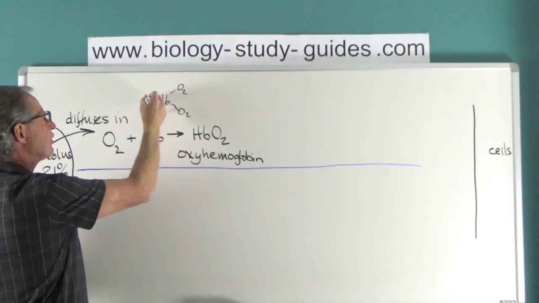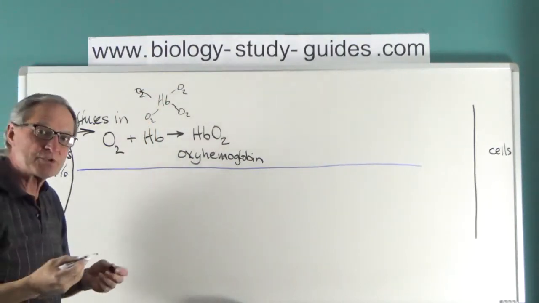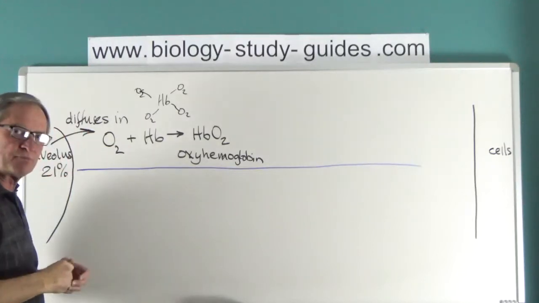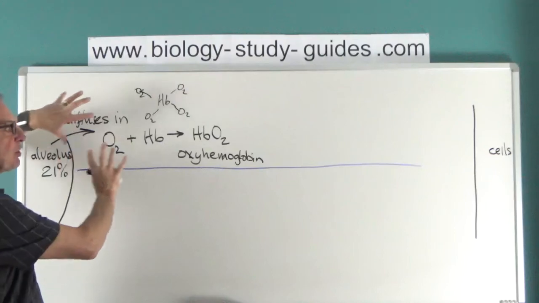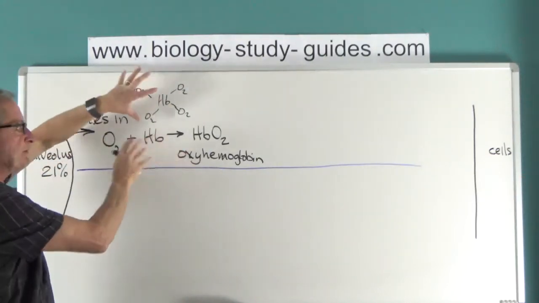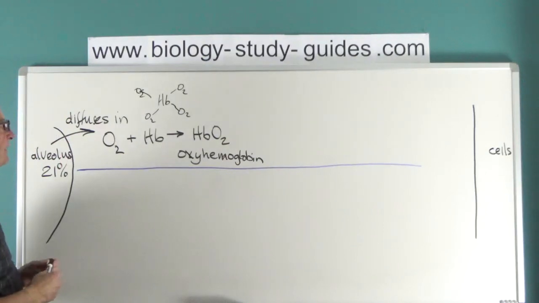So oxyhemoglobin, if blood is fully oxygenated, or 96%, 98% oxygenated, which is fairly typical, 98% of the bonding sites of all the hemoglobin molecules on all the red blood cells would be transporting oxygen. We just abbreviate it that way, however.